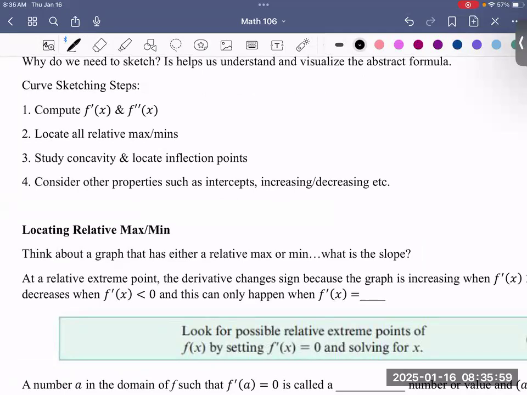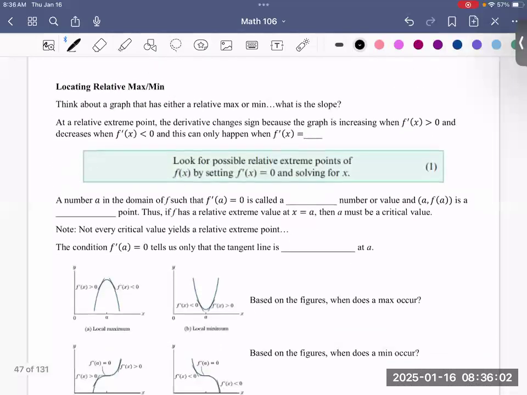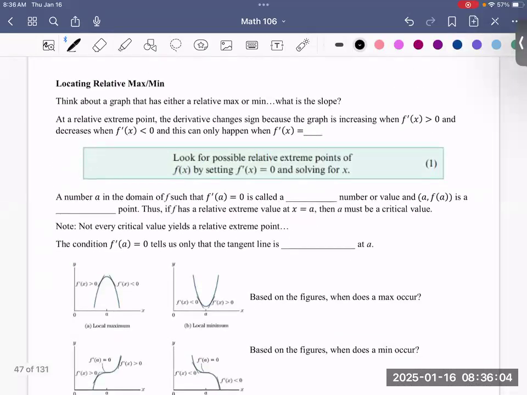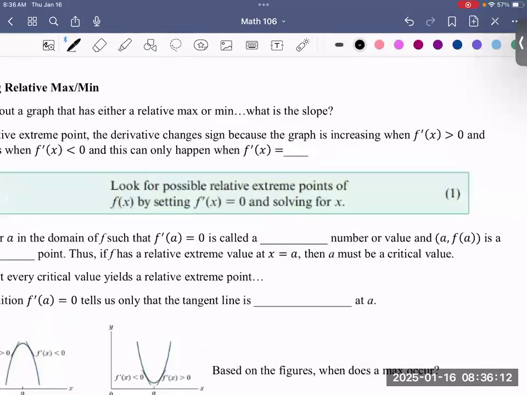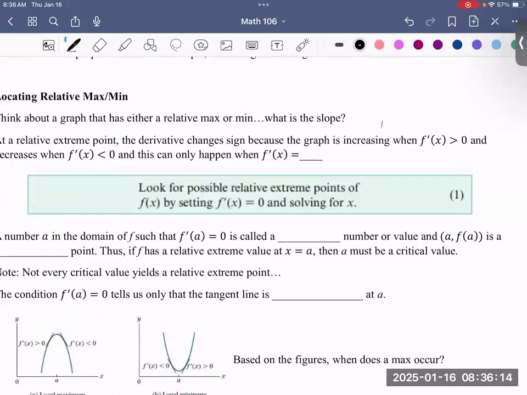So first, when it talks about locating your relative maxes and mins, think about a graph that has a relative max or min. What is your slope at that particular point? Locate your max or your min.